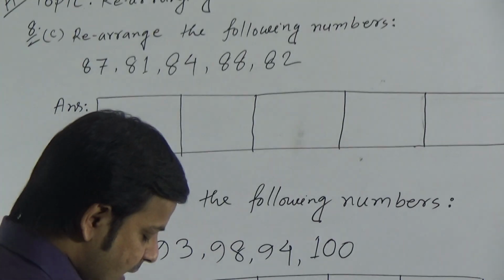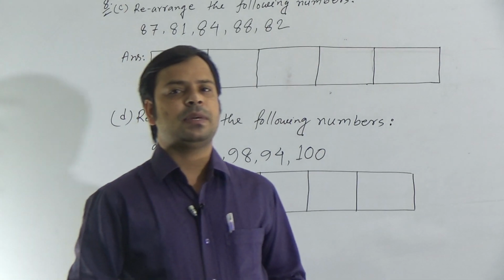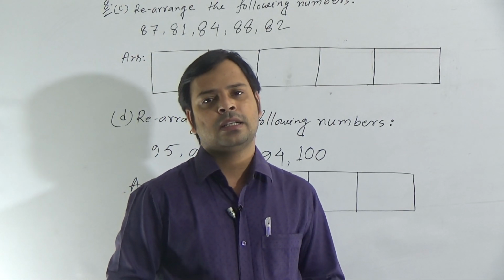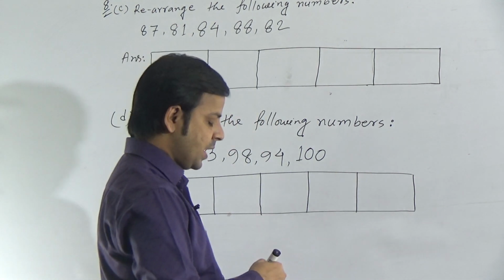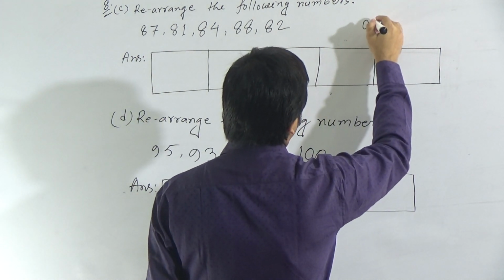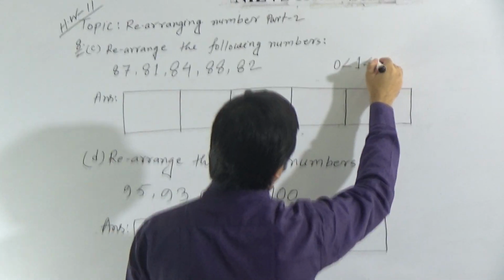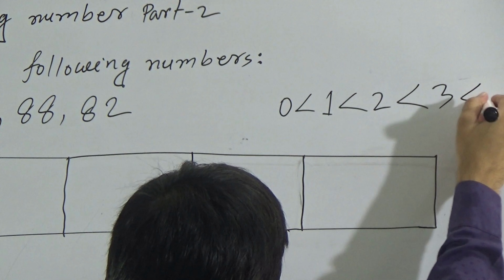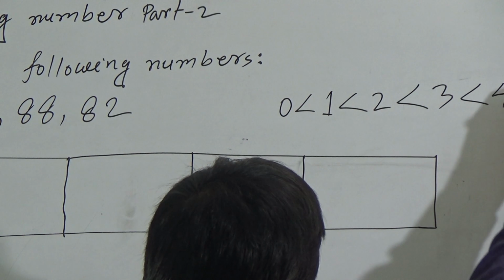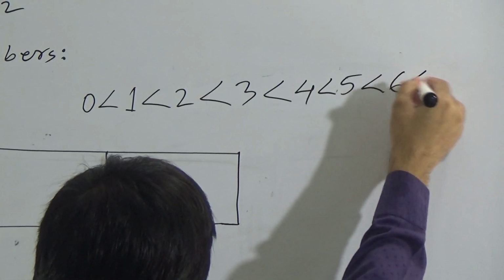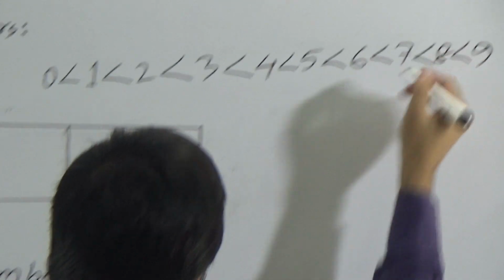Dear students, in the previous class I have shown you how we can compare some numbers, which one is smaller, which one is larger. I have shown that 0 is the smallest single digit number, then 1 is smaller than 2, 2 is smaller than 3, 3 is smaller than 4, 4 is smaller than 5, 5 is smaller than 6, 6 is smaller than 7, 7 is smaller than 8, 8 is smaller than 9.